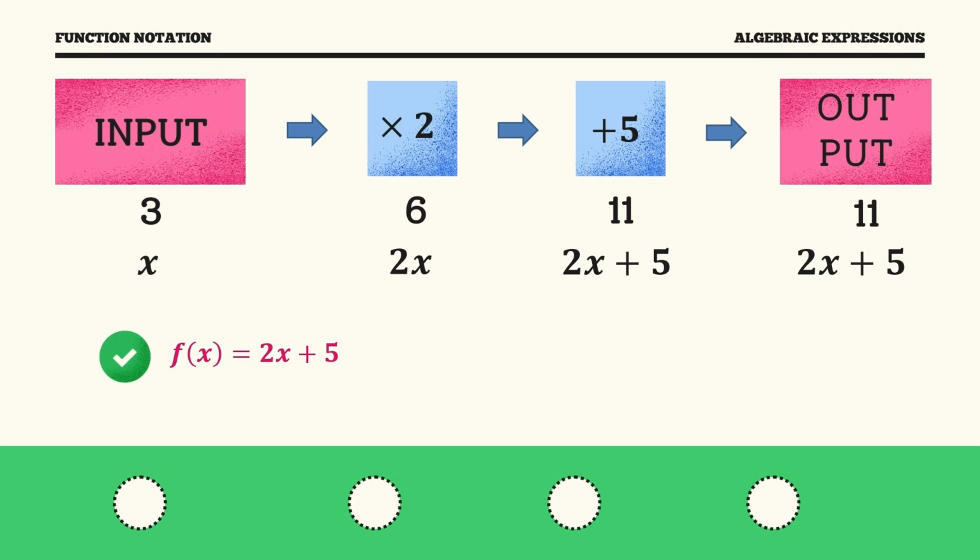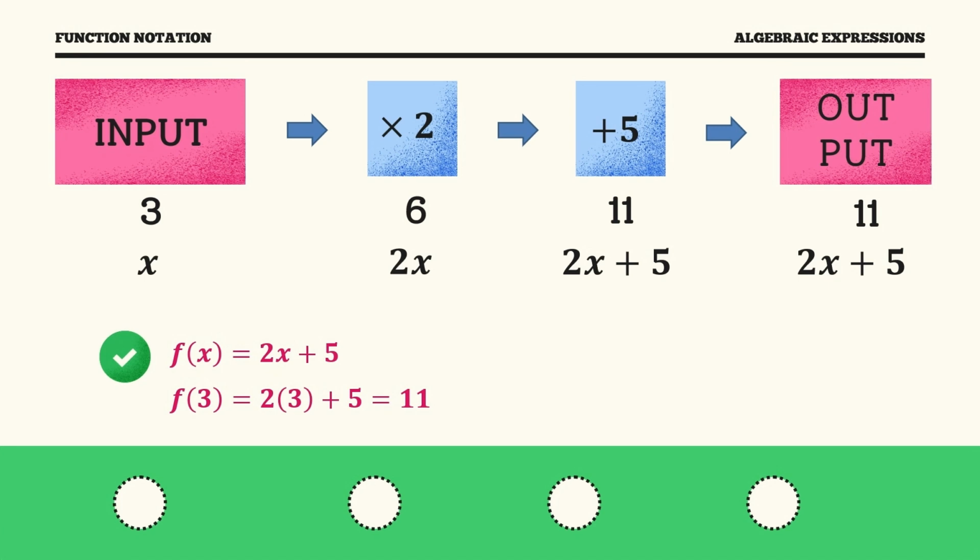If we now go back to the numerical example where the input was 3 and the output was 11, we can write this down with function notation as well. We would write f but make the input 3 rather than x this time. The output can be generated using 2x plus 5.